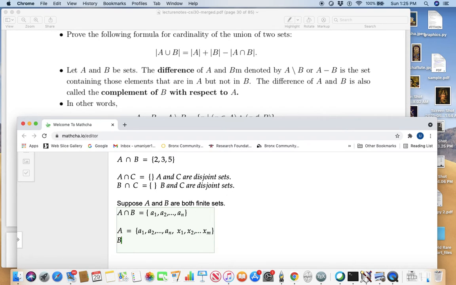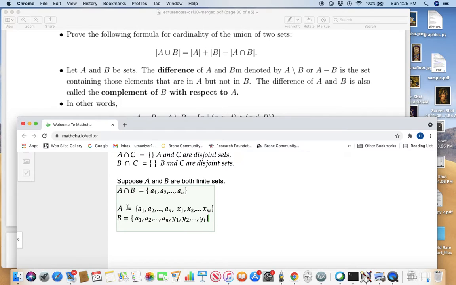B likewise has the common elements and possibly something more. We don't know how many more. A has m more, B has t more than the commonality.